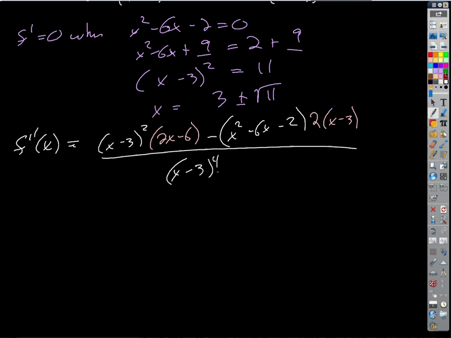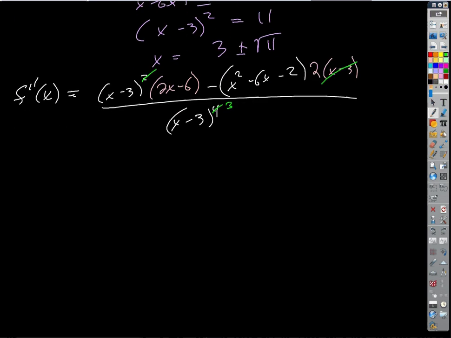x minus 3 to the fourth. And let's take a little shortcut here. We can see that I could factor out an x minus 3 and cancel it. Then what do we get on the top? If I FOIL this out, we'd better go through this step by step.